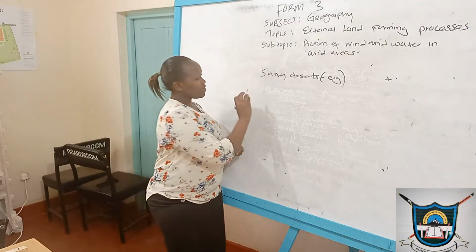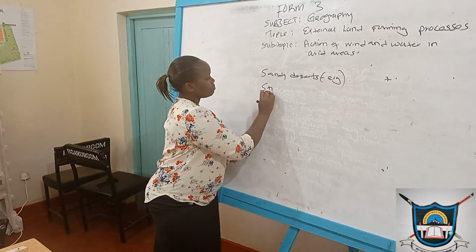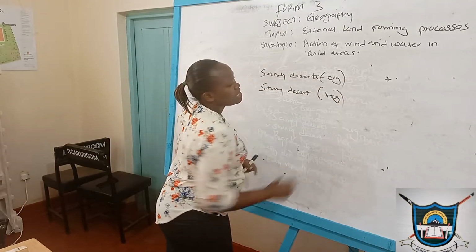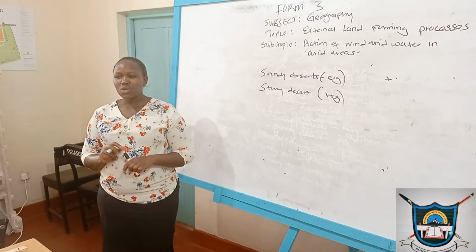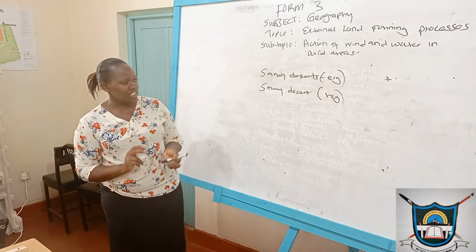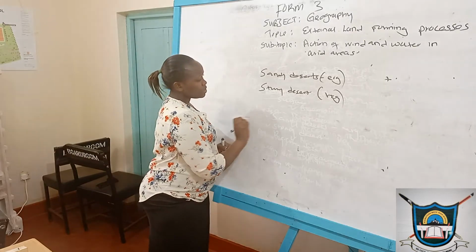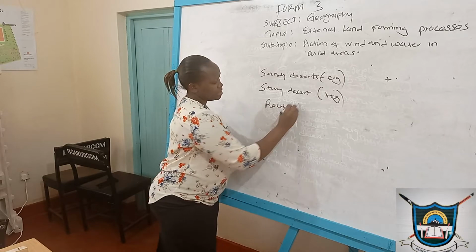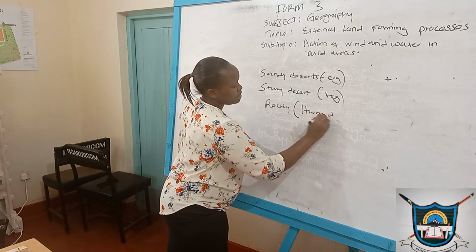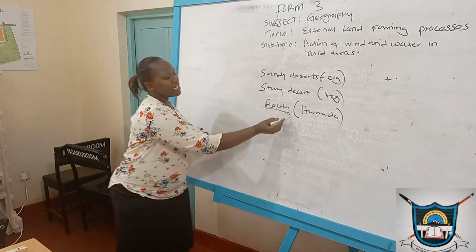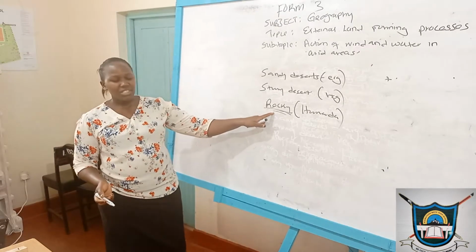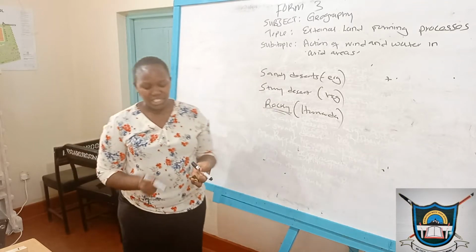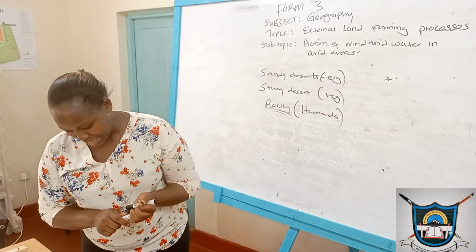And when we talk of the stony deserts, which is known as reg, their surfaces are covered with stones. And when we talk of the rocky, also called hamada, their surface is covered with rocks. This one, the stones, and the other one is covered with the sand.